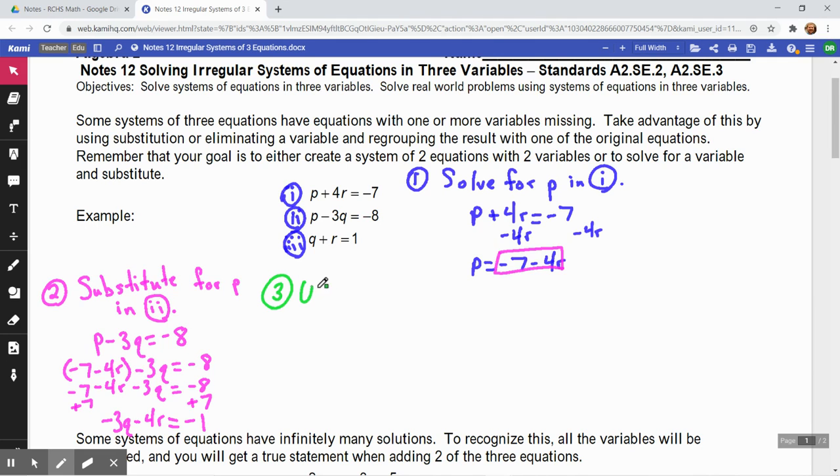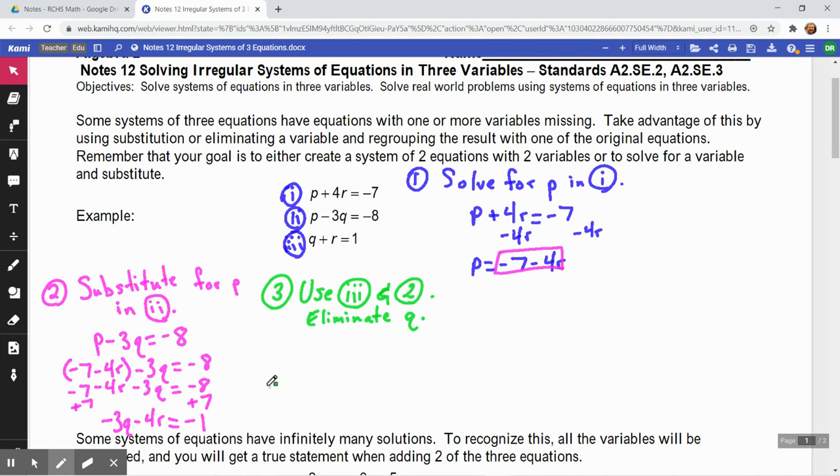Let's use equation 3, okay, and the equation from step 2 right here, and let's eliminate. Well, let's choose one of the letters to get rid of. It doesn't actually matter. So we have the letters Q and R. Let's go ahead and decide to eliminate Q.